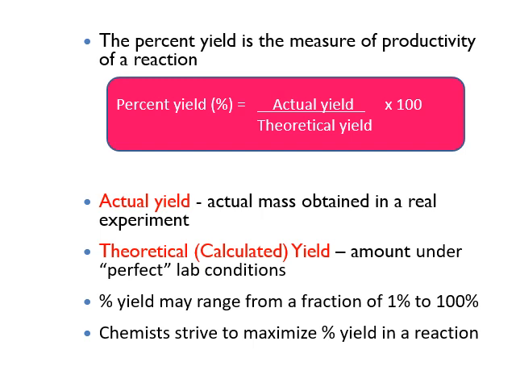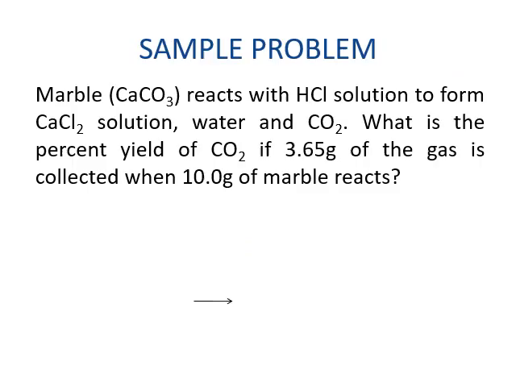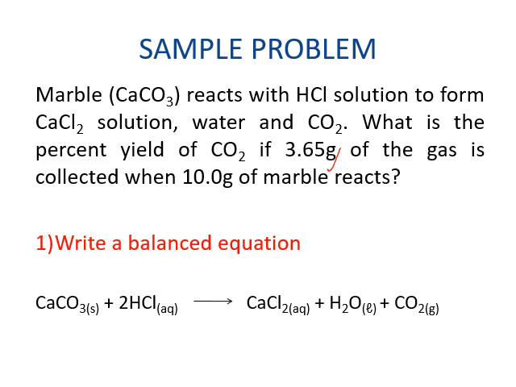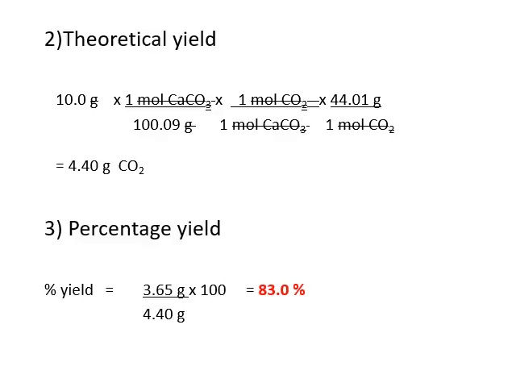Theoretical yield is what you calculate, what you expected. And then percent yield may range from 1 to 100. So 3.65, this one 3.65 given over the calculated theoretical times by 100, that will give you 83% of percentage yield.